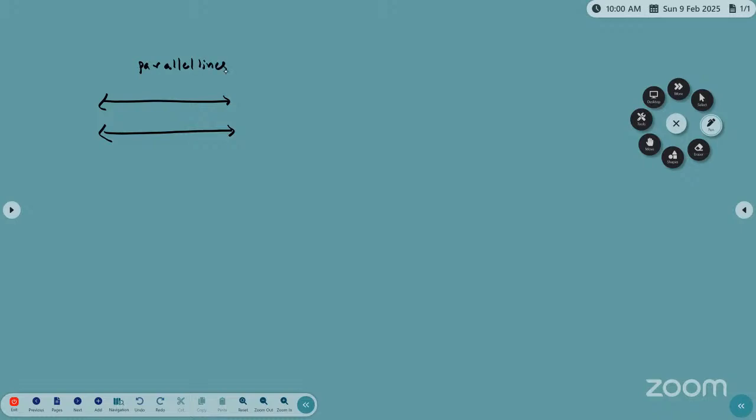You are observing two parallel lines. Am I right? What are those? AB and CD. What is M1? Slope of AB. What is M2?